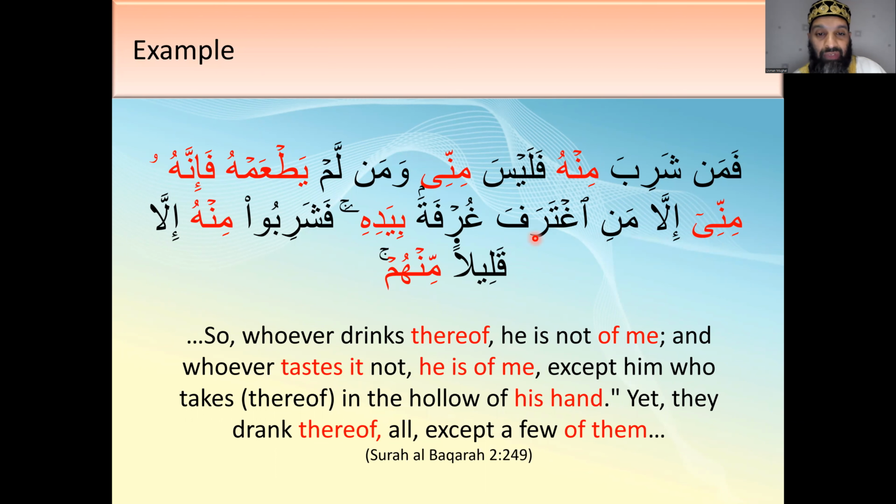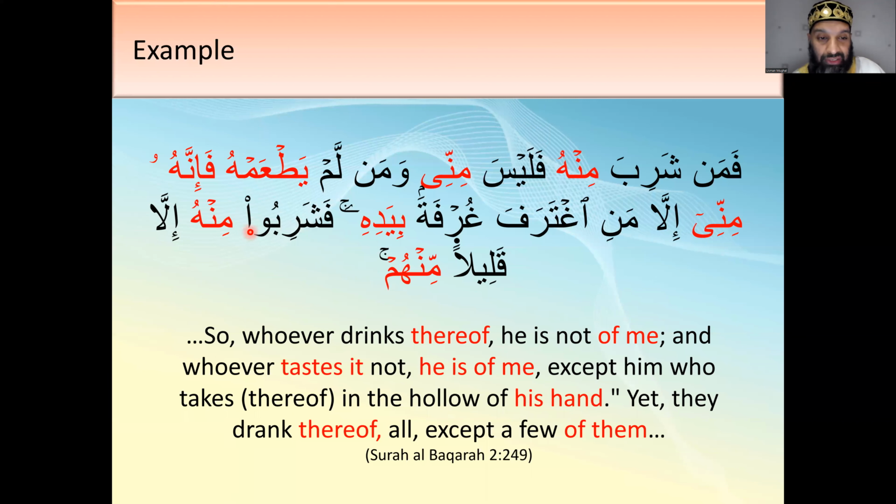Illa man ightarafa ghurfatan biyadihi, except the one who takes from the hollow of his hand. Hand, yadun, remember yadun? B, yeah. Ghurfatan biyadi, in the hollow of his hand.